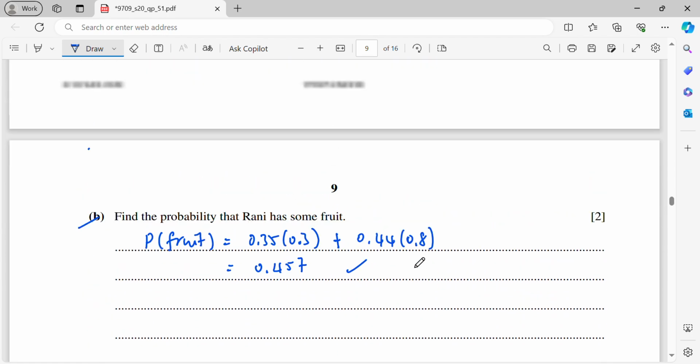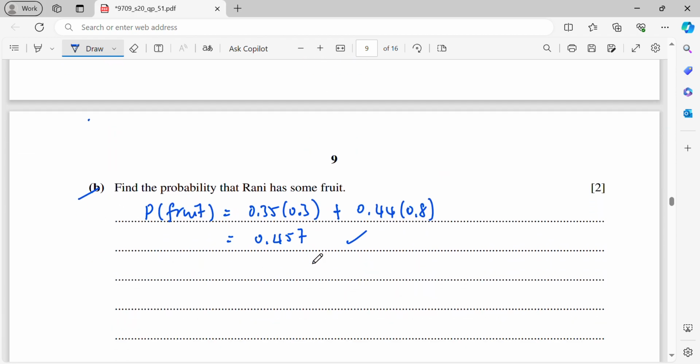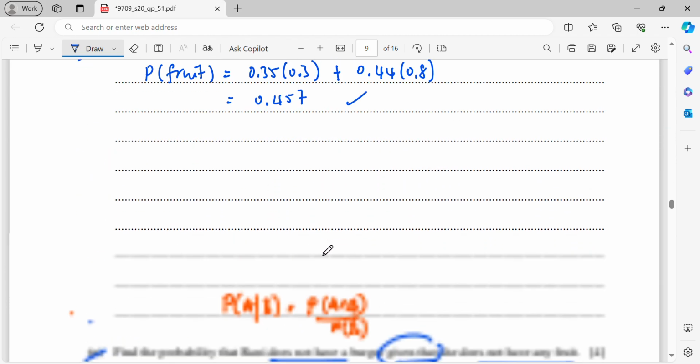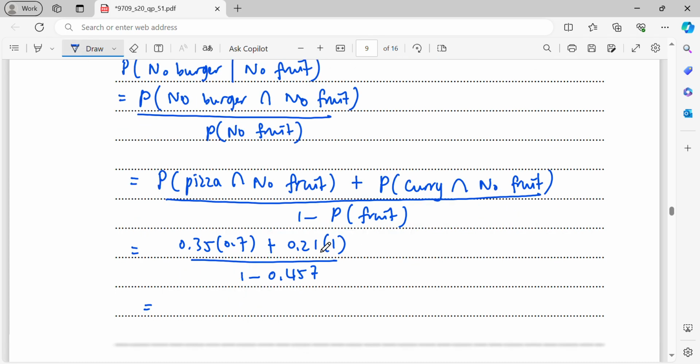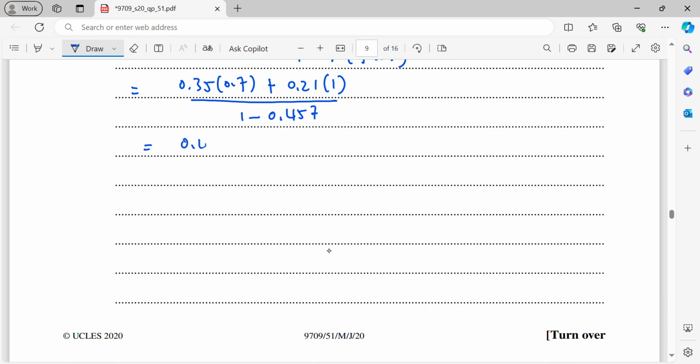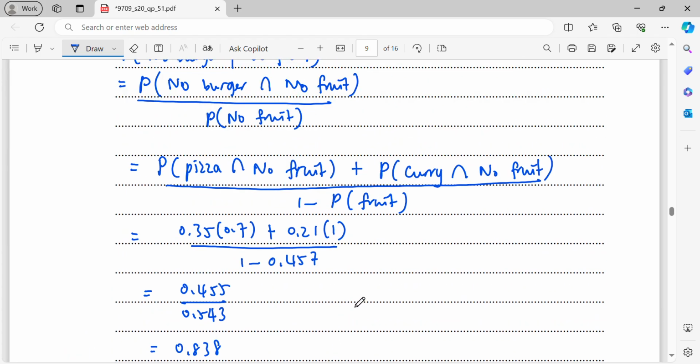So with fruits means that it is the answer from B, 0.457. So I use 1 minus that value. And then you will be getting 0.455 over 0.543. Okay, that is going to be 0.838. So this is the probability.